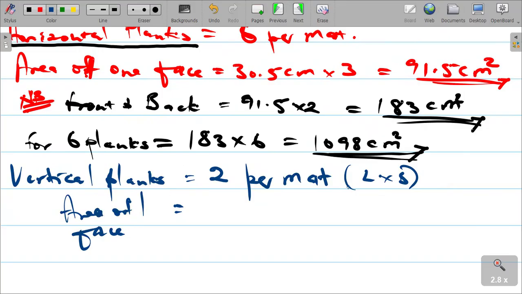We calculate the area of one face, which is equal to 23 multiplied by 3. 23 times 3 gives us 69 square centimeters. 69 square centimeters is for the vertical planks.